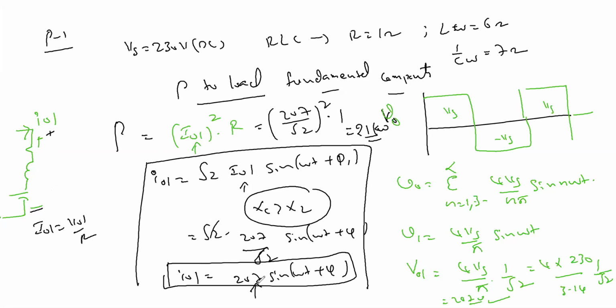And then the total RMS value, 207 by root 2 whole square into R, I square R. So that's 21 kilowatt.